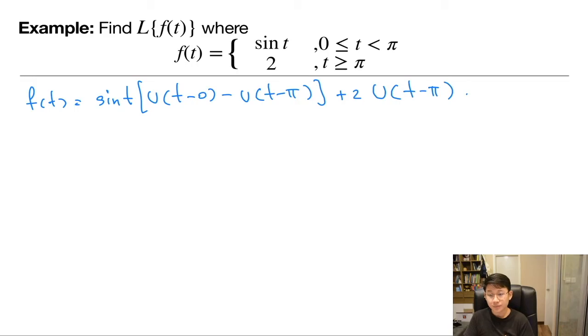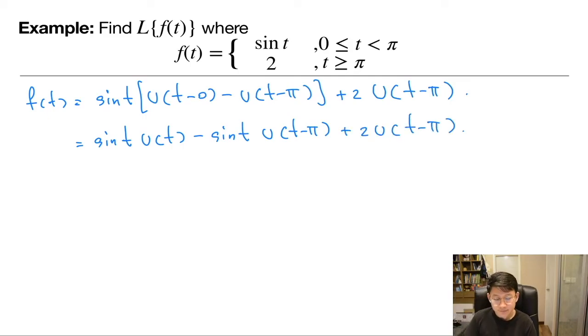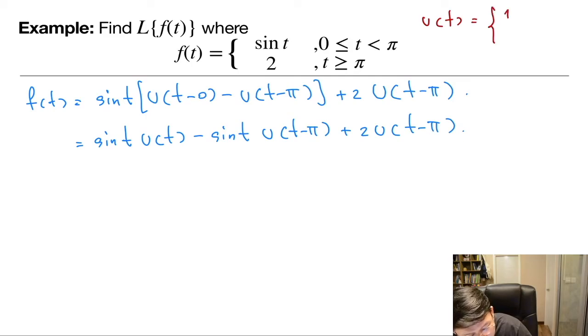Good, good. And guys, that would be sin t u(t) minus sin t u(t minus pi) plus 2 u(t minus pi). Okay, u(t) is actually 1 when t is bigger than 0, right?